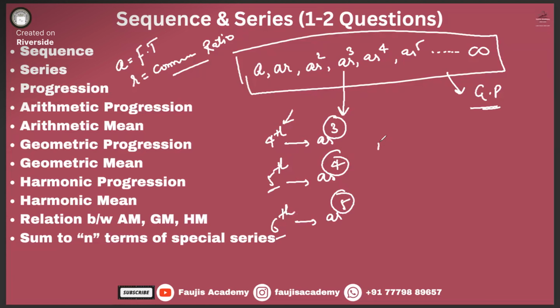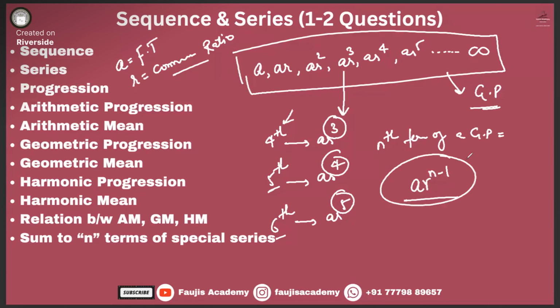So what is the nth term of a GP? AR raised to the power n minus 1, not A raised to the power R. That is your nth term of a GP. So the 10th term of a GP is AR raised to the power 9, and the 100th term is AR raised to the power 99.